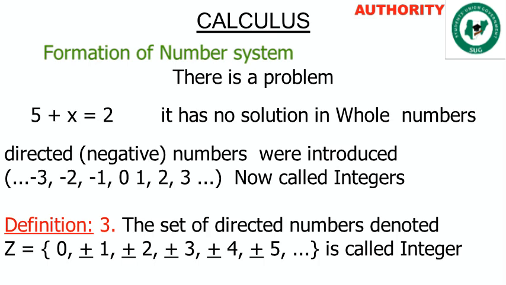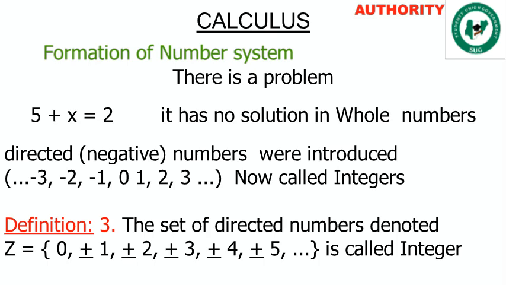On the right hand side you have positive. On the left hand side you have negative. And in the center you have 0. The right hand side is equal to the left hand side. So you discover that with the introduction of these negative numbers, the above problem can be solved.